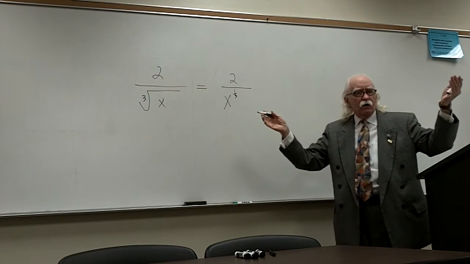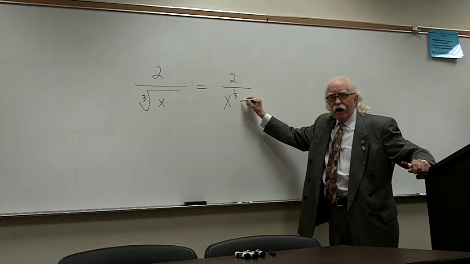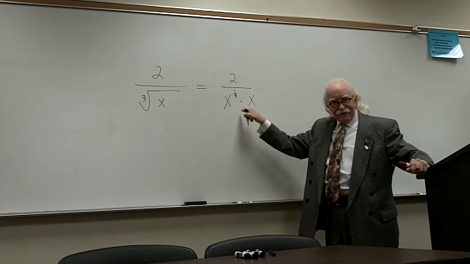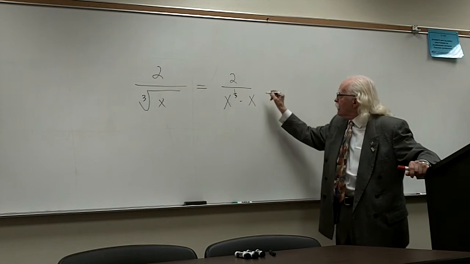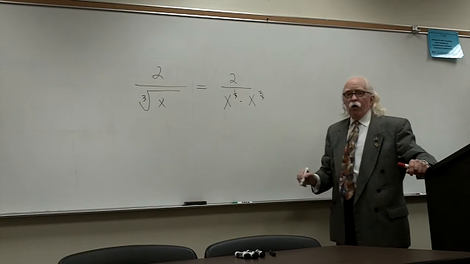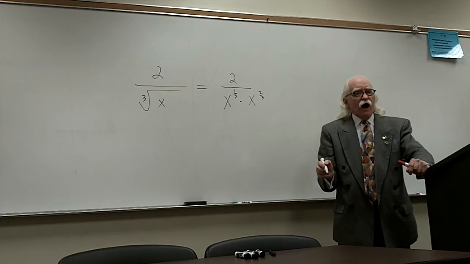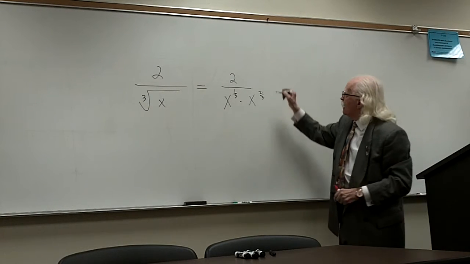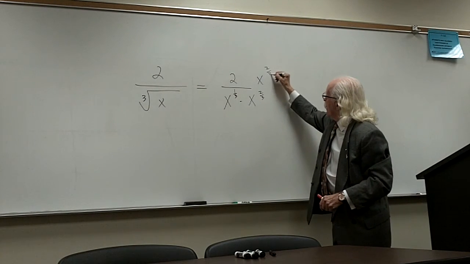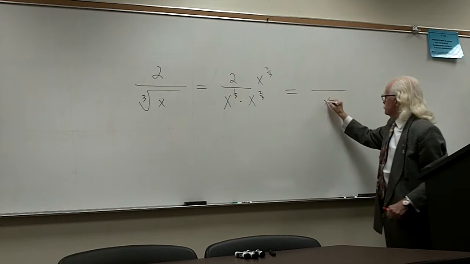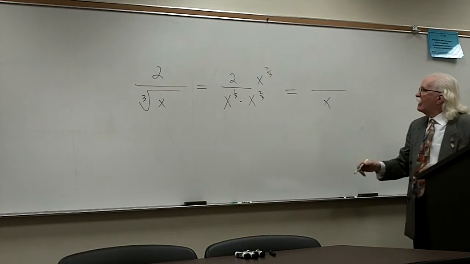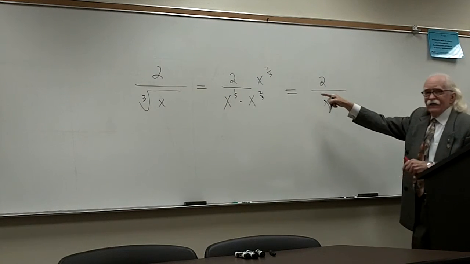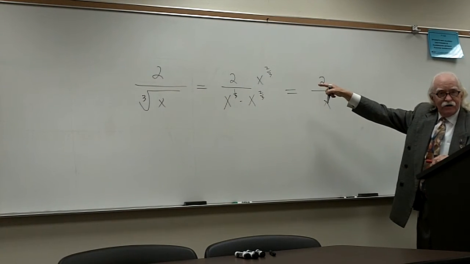Now it's simple. What must I multiply this by to get x to the first power? 1/3 plus 2/3 is what? 3/3. That's an x on the bottom. The top is what? 2. x to the 2.